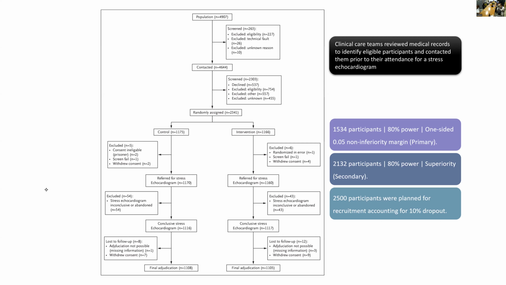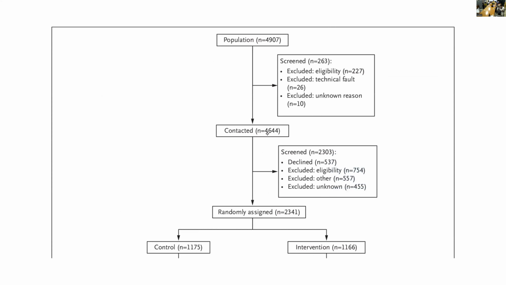Out of around 5,000 population, they already screened out some 263 based on review of records. And then 4,644 were left. Then they contacted these 4,600. Again, they screened and removed. I'll go to the next slide, so it's a little better to see. Here, 500 or so declined. 750 were excluded because of non-eligibility for the trial.